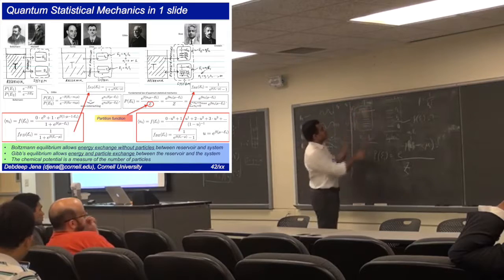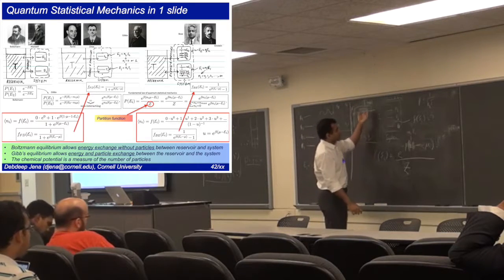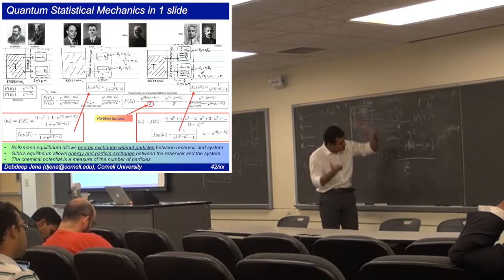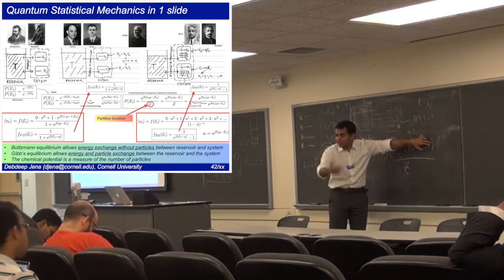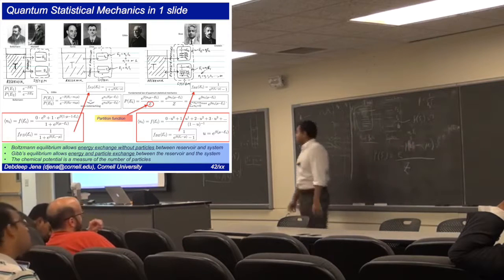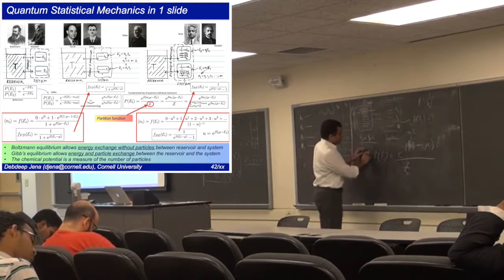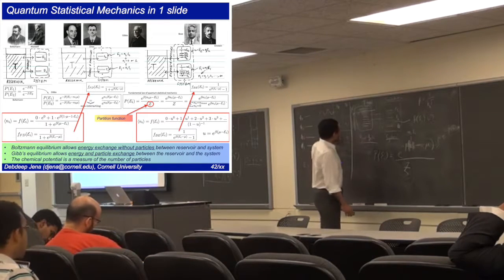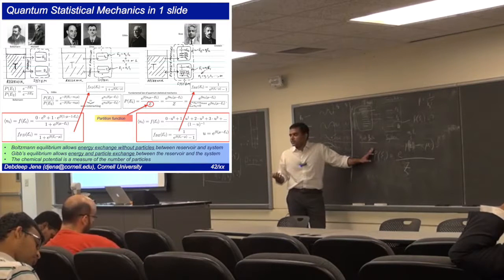But when you have complete freedom to move particles back and forth, that's called the Gibbs equilibrium, and this is essentially the Gibbs free energy that goes into the exponential. It's the total energy minus a chemical potential that counts how many particles you have. So it's called the Gibbs equilibrium. And I think you realize that when I sum over all possible states and all possible configurations of occupation, the sum of all probabilities must be 1, right?